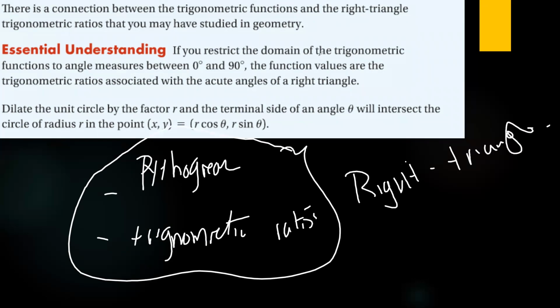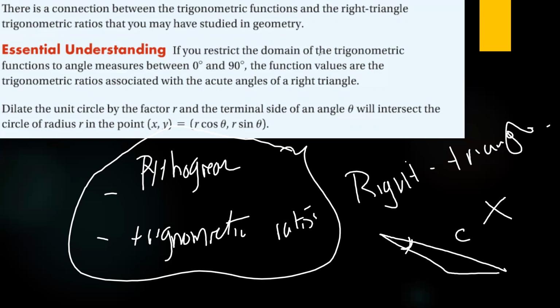You cannot use the Pythagorean theorem to find the length of this side, because this is not a right triangle, and you cannot find the sine of this angle because this is not a right triangle.